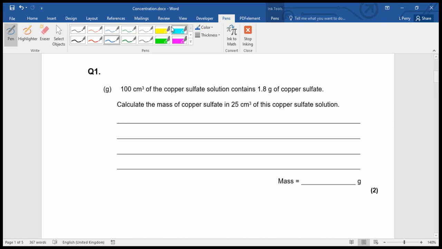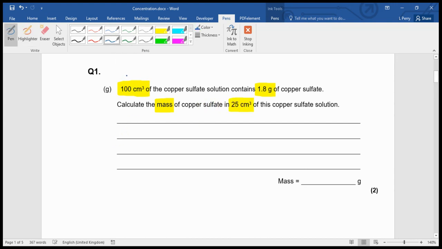So in this question, I'm told that 100 centimeters cubed of copper sulfate solution contains 1.8 grams of copper sulfate. Calculate the mass of copper sulfate in 25 centimeters cubed.